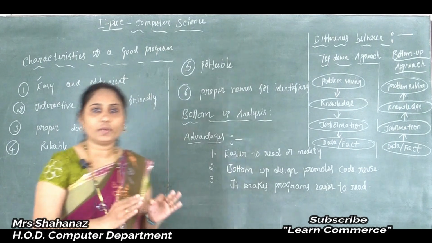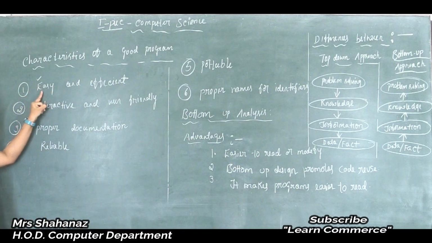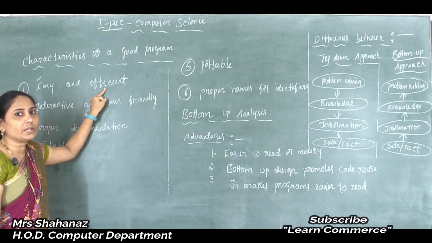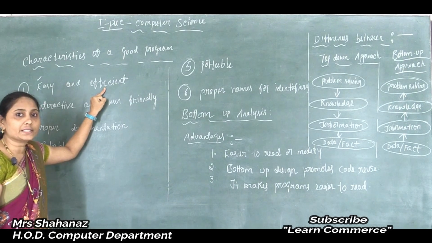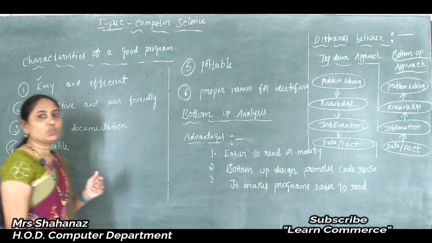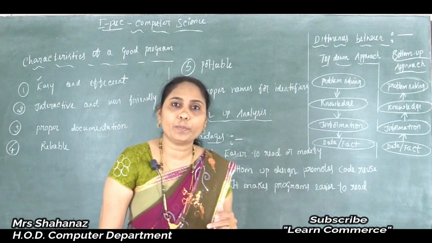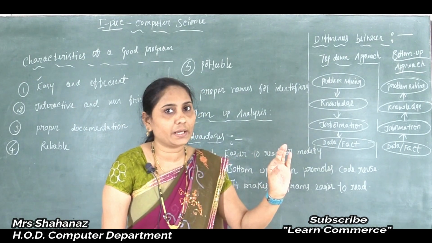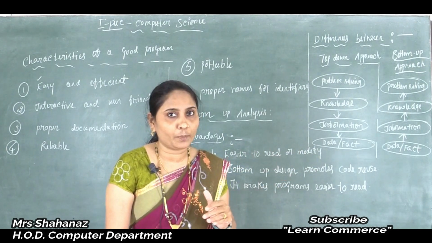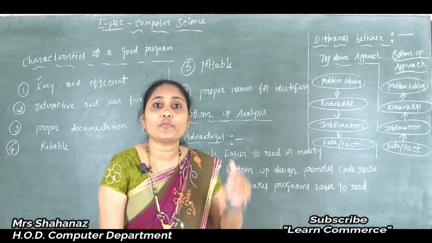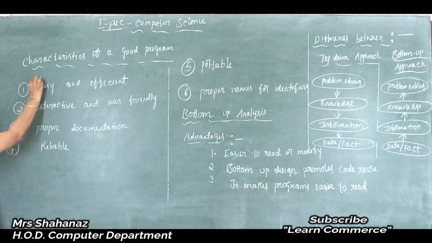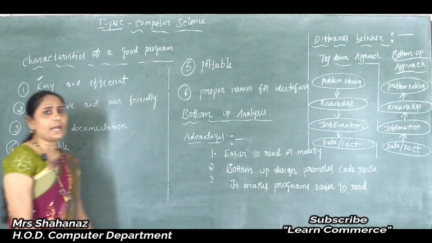If the program is easy and efficient, it will produce the correct result, and lastly the execution time of the program should be faster. To get the solution of the program, it should be possible to get fast execution, or a fast result. So this is about easy and efficient.